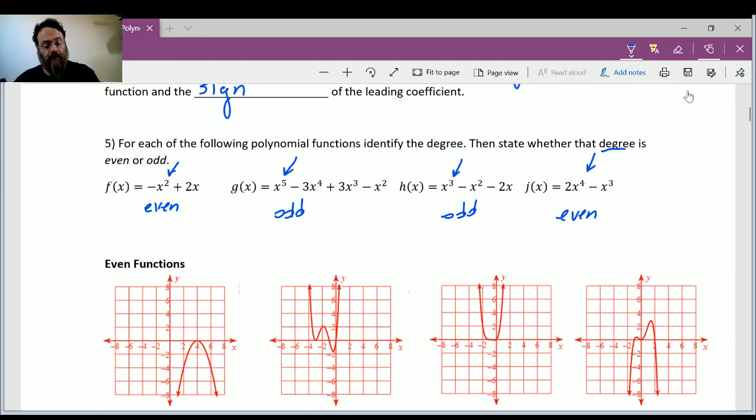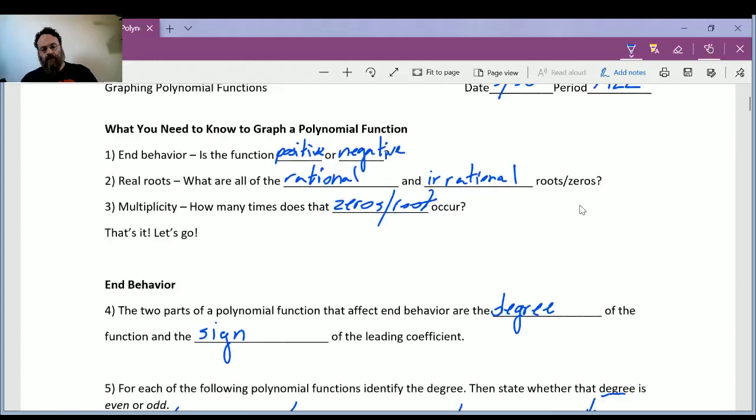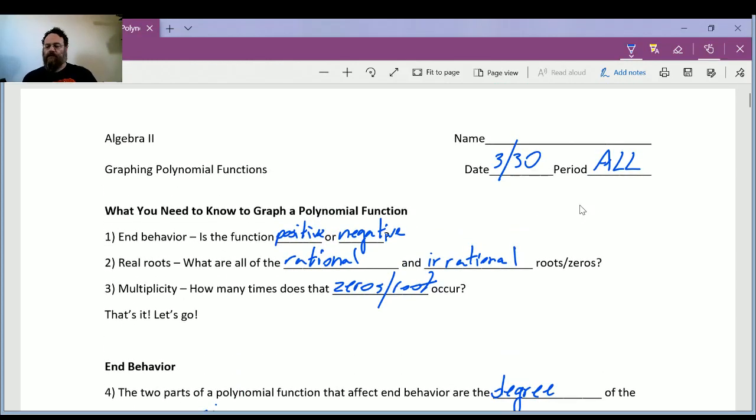Send out a remind. I'll just wait another moment. Get you guys back.